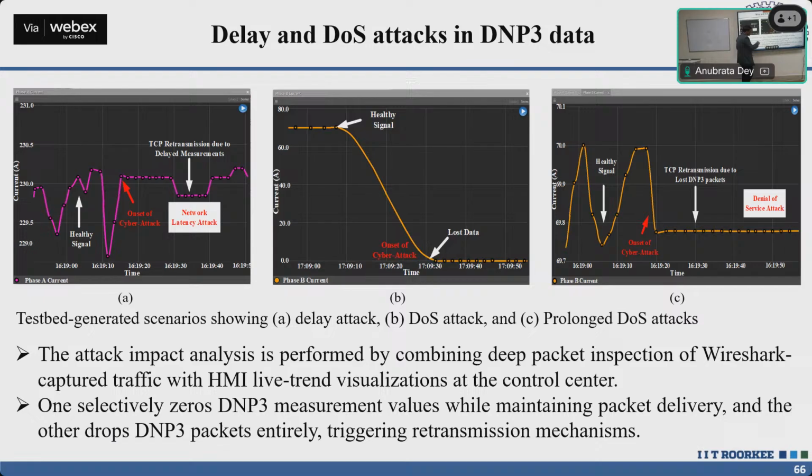This type of scenario you can also create on some other protocol, that is DNP3. Whatever attacks we have considered, starting from delay attack, DOS attack, false data injection attack, and replay attack, all these we have done on the C37.118 protocol. Similarly, you can do it on DNP3 also.